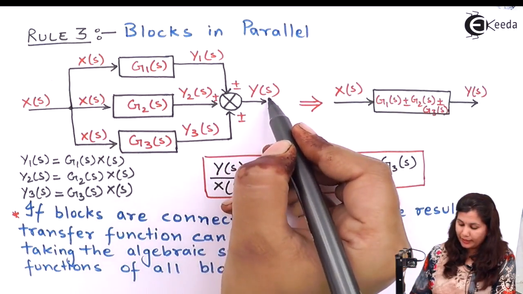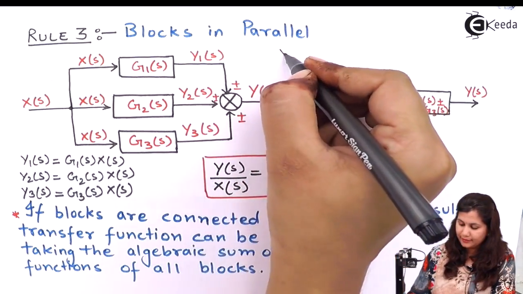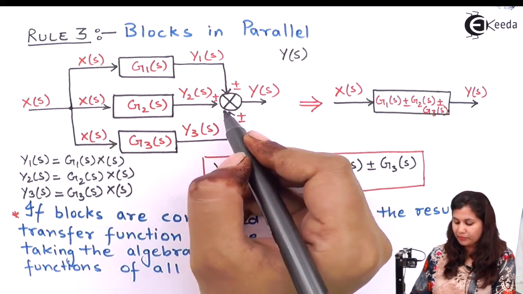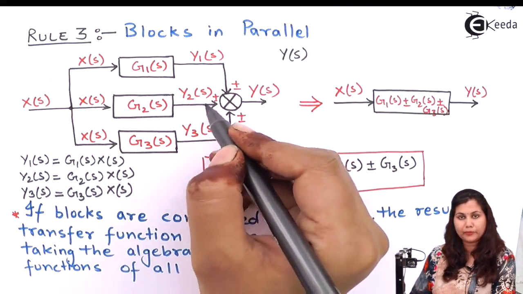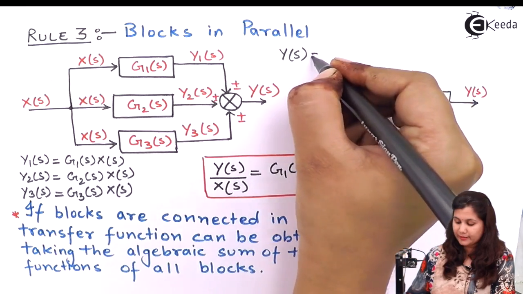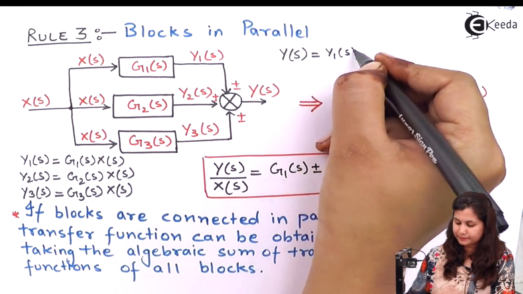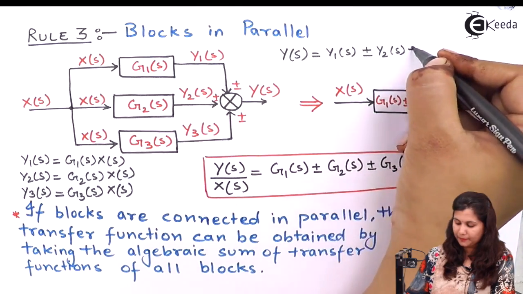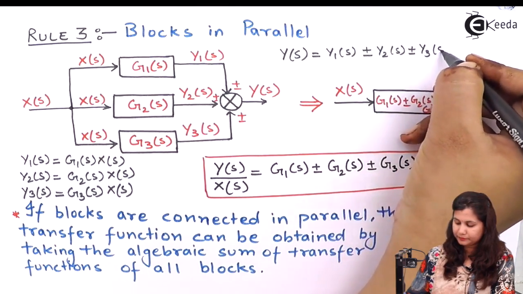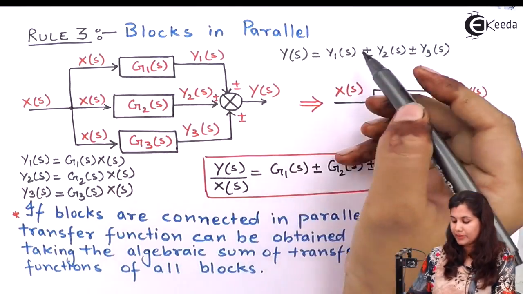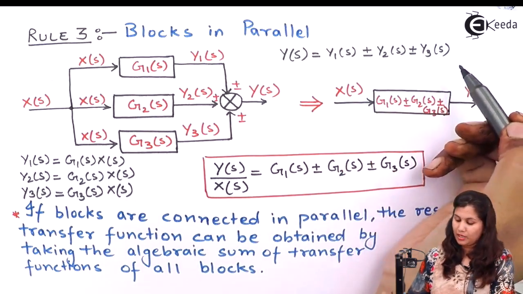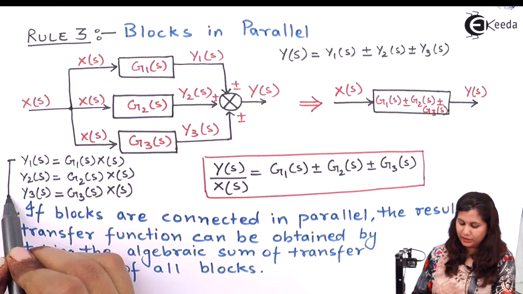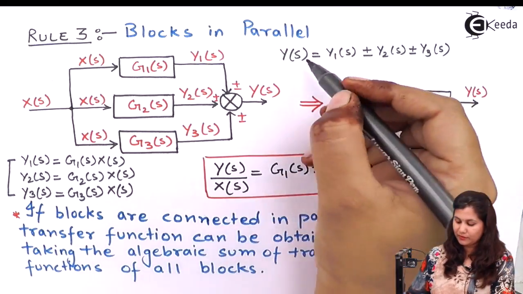Now this output Y(s) can be written as, because it is the output of a summing point, it is given by the algebraic sum of the input signals. So it is the algebraic sum of the three outputs. Now put the values of Y1(s), Y2(s), Y3(s) from these three equations in this equation.